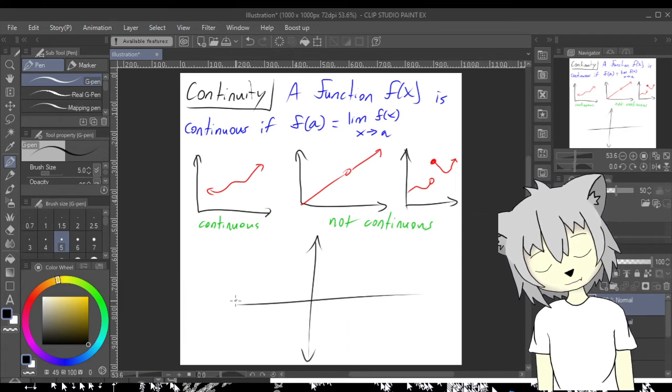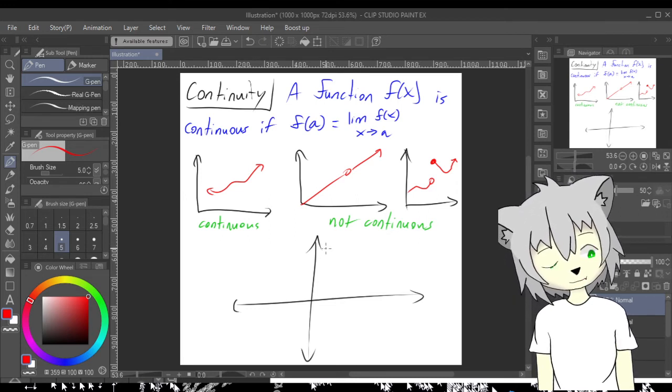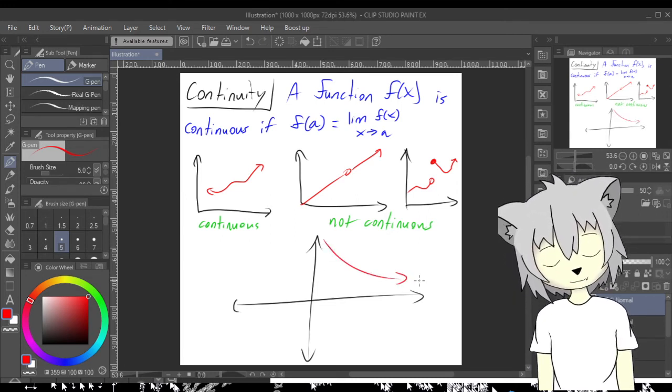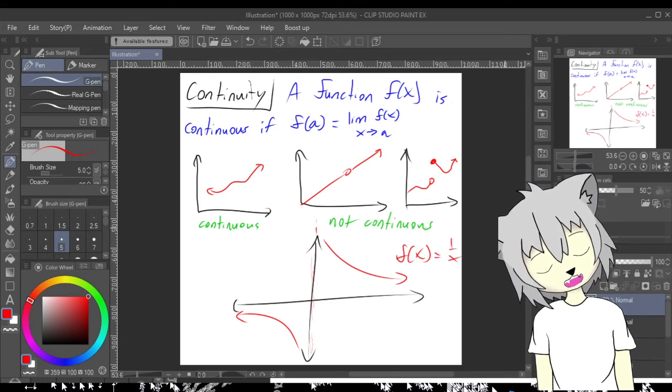Here's a fun function that you guys probably played with at school on your calculator, if you played with them like the nerd that I am. f of x equals 1 over x.